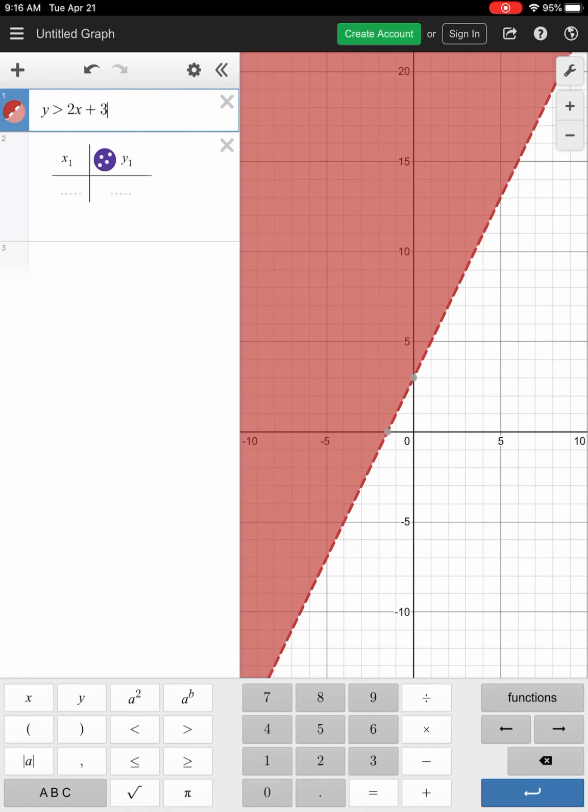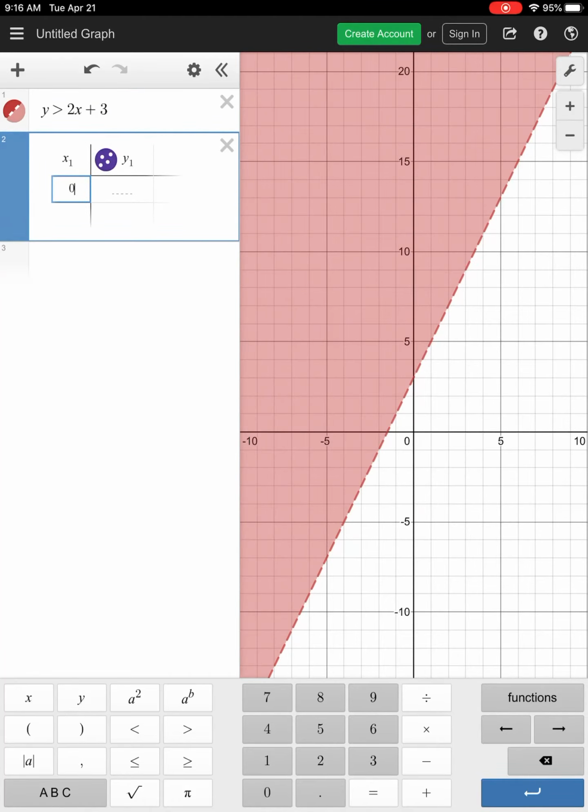So if I'm looking at y is greater than 2x plus 3, and I test it with 0, 0, well, I plug in 0 for y, I plug in 0 for x, and I get 0 is greater than 3 once I cancel some things out. I know 0 is not greater than 3, so the point 0, 0 doesn't make this inequality true.